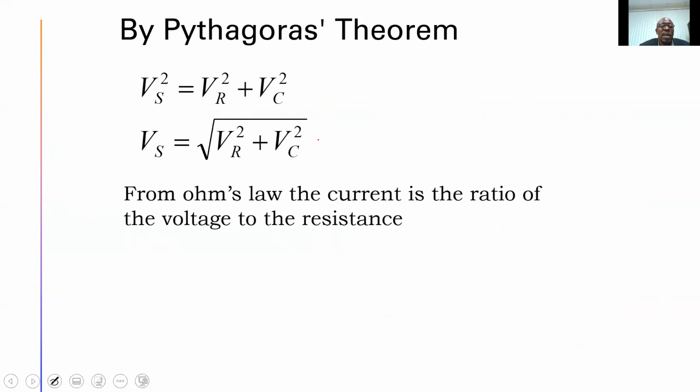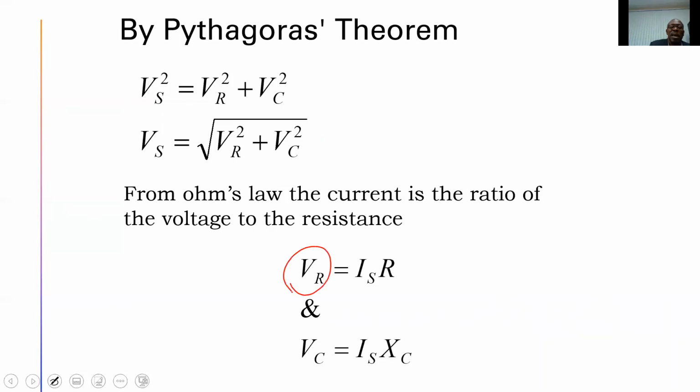And we know that from Ohm's law, the current is the ratio of the voltage to the resistance, which is also true for the capacitor, meaning the current is equal to the ratio of the voltage to the reactance. So we can make those substitutions for both VR and VC.